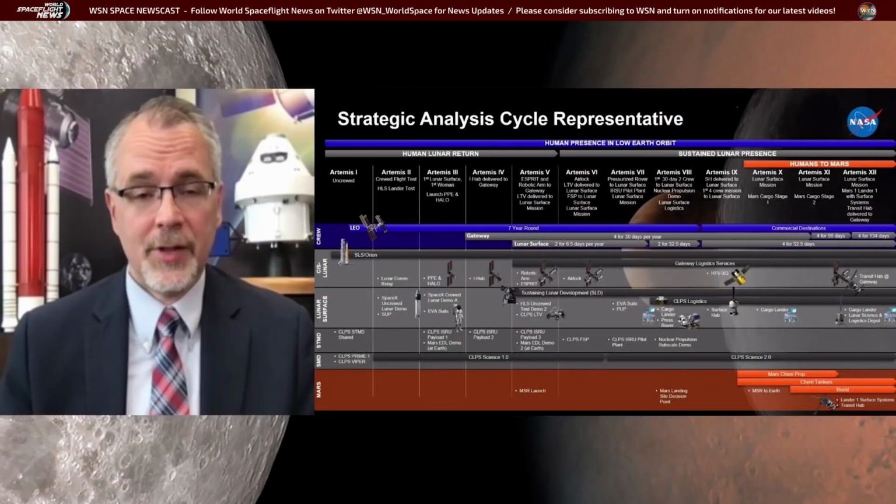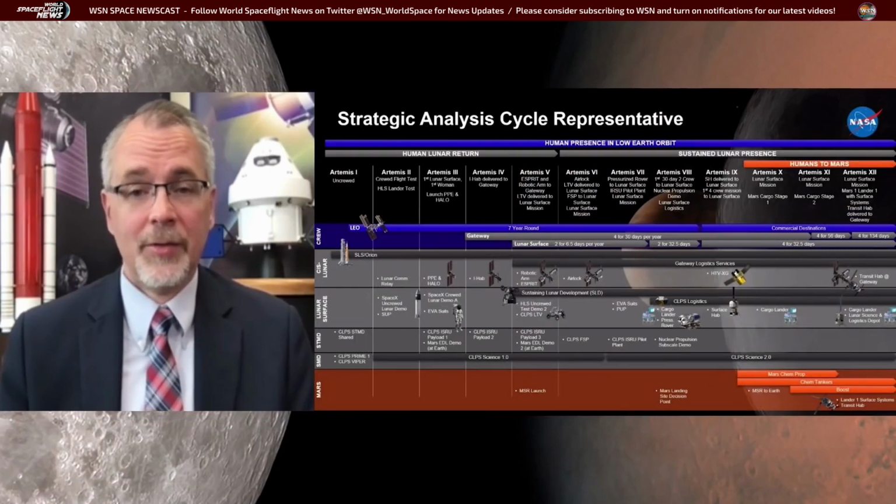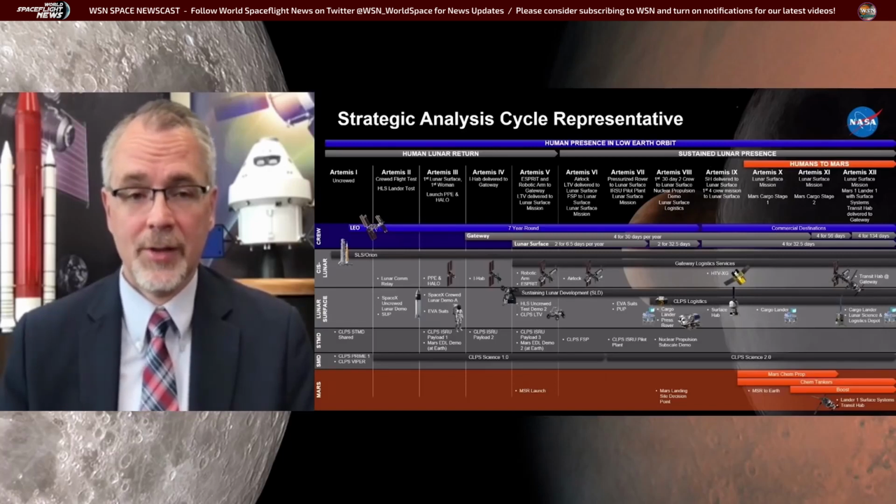On the surface, you can see us growing from our initial Artemis 3 landing, growing with our LTV, moving on eventually to a pressurized lander, and then the cargo landers that support us for those longer stays on the lunar surface. We, of course, work closely with our other mission directorate partners in space technology and science.